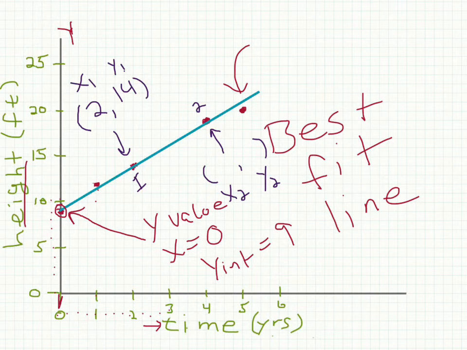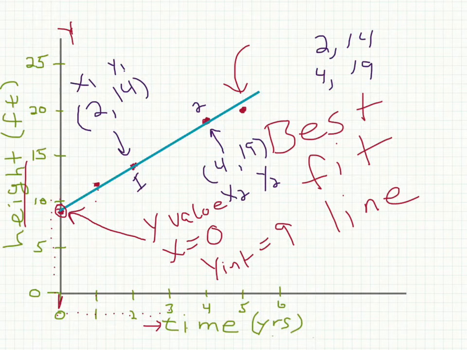So point 2 is (4, 19). So we're going to put 4 here as our x2 and 19 as our y2. Now, these 2 points, (2, 14) and (4, 19), are going to be transferred into our slope equation.